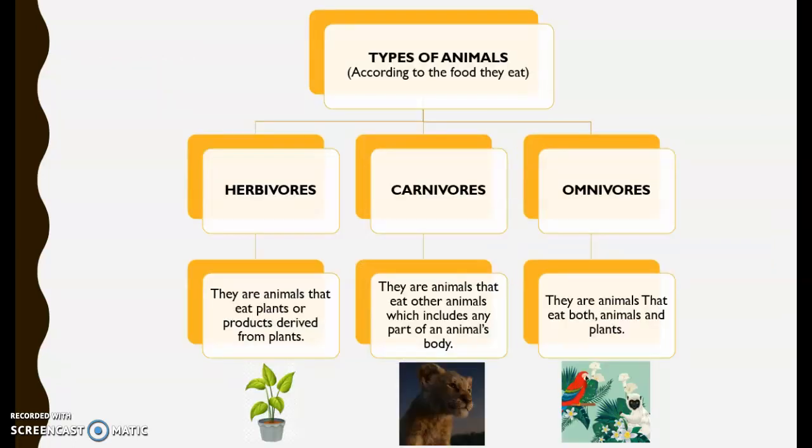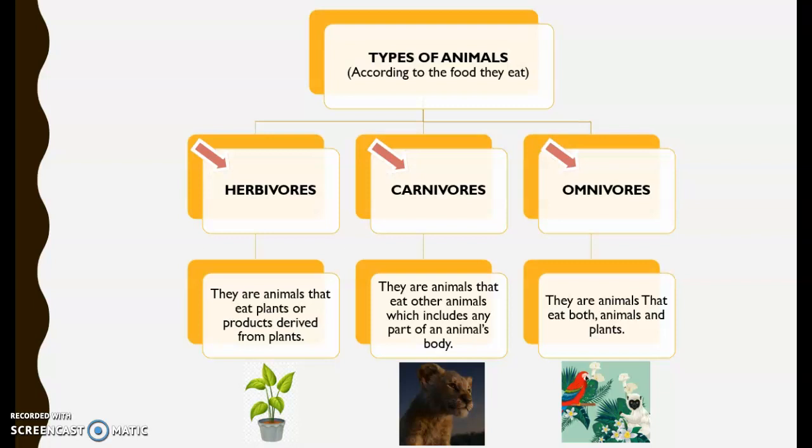So according to the food the animals eat, they can be classified as herbivores, carnivores, or omnivorous animals. Herbivorous animals are all those animals which eat plants or products derived from plants.